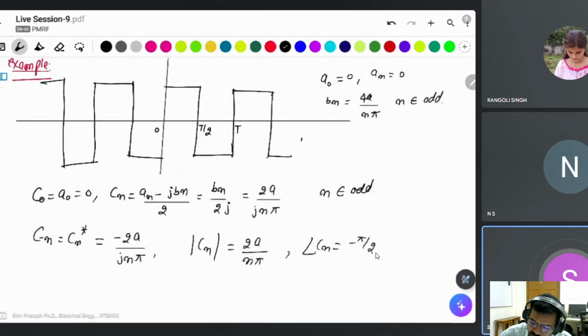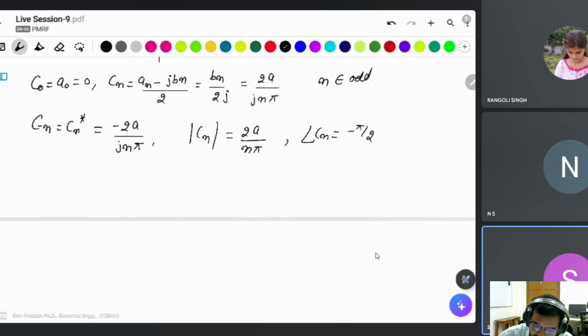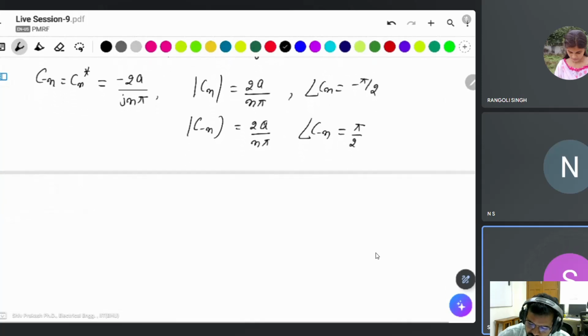For this signal, already well calculated. For C of minus n, the magnitude is the same. For C of minus n, the negative sign is there, so this will be a positive angle.